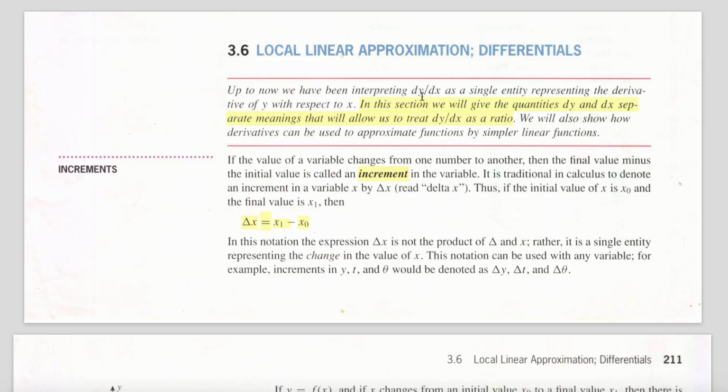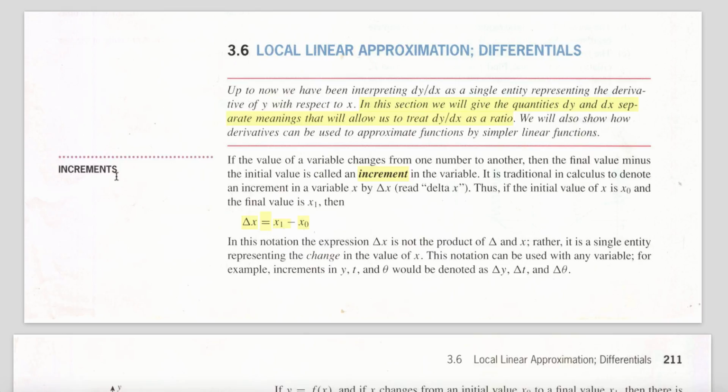I've wanted you to view it as the ratio of two differentials, or the ratio of two infinitesimals. That's what I wanted you to view it as, not as a single entity. So this part here is not true, only because I wanted to introduce this concept that it's a ratio far sooner than what they typically do.